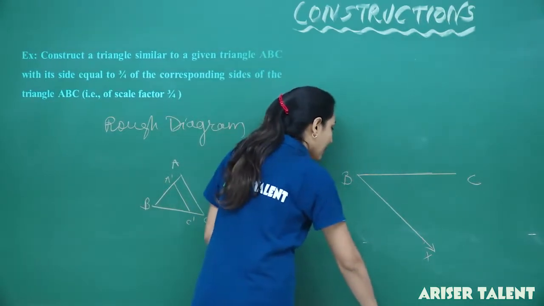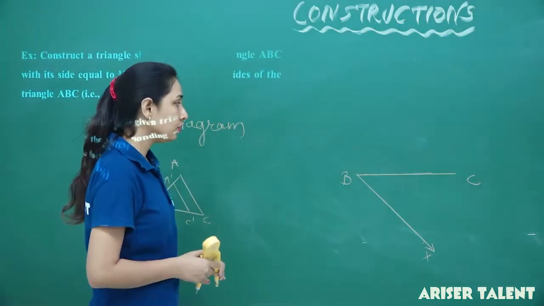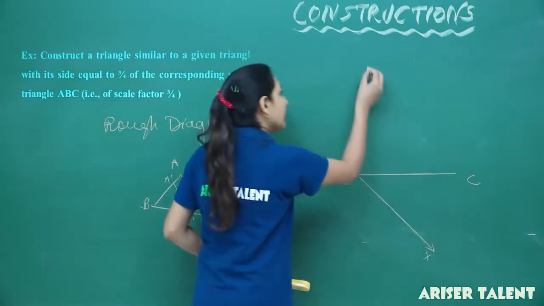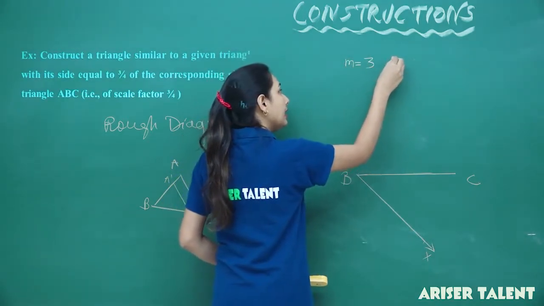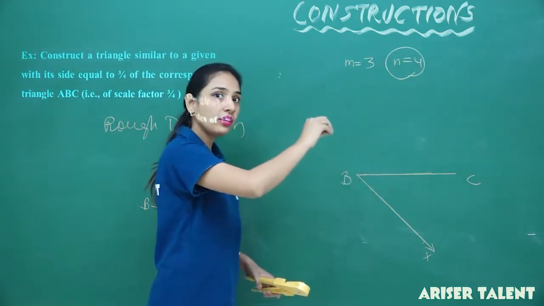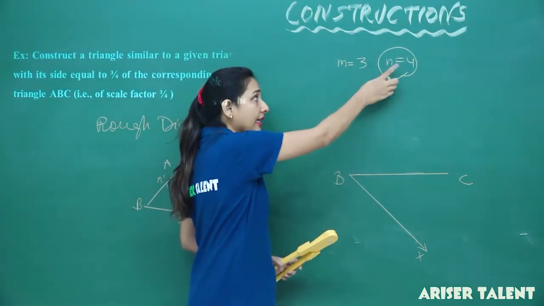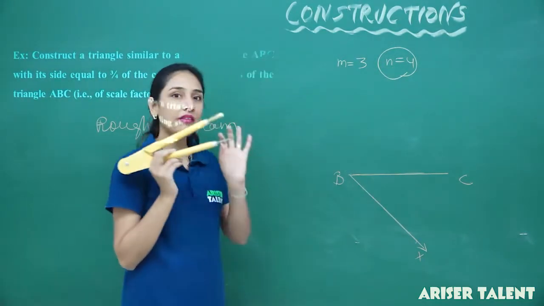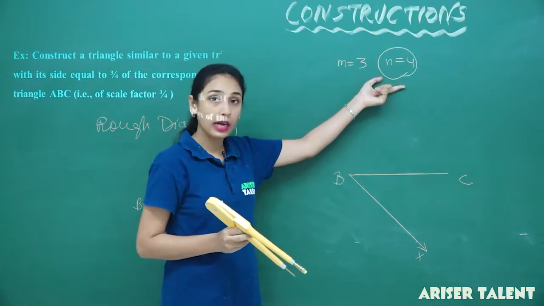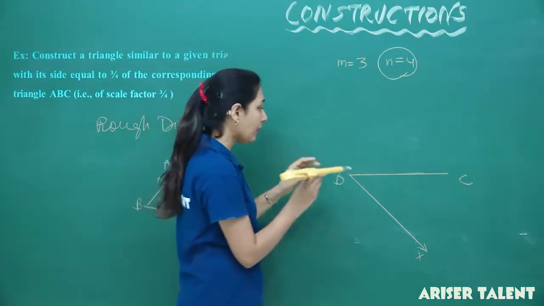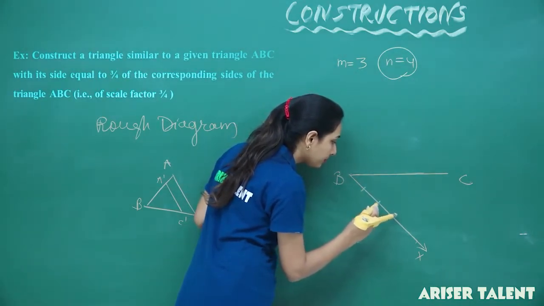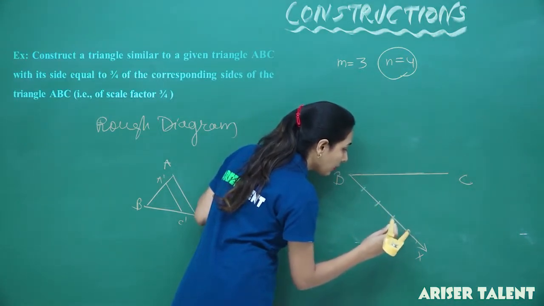Now I will take this compass. It's very useful in your geometry. You have to divide it into 4 parts, because I have m and n here, and the greater number is obviously 4. So I will go with this greater number, n equals 4, take some radius in the compass and cut 4 arcs, starting from B. I will have B1, then B2, then B3, and of course B4.